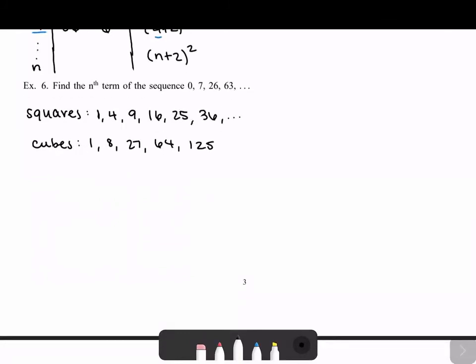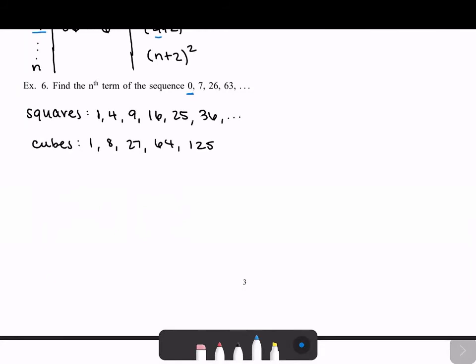So we can see if it at least looks similar to any of the numbers. So when we look at this 0 in the first term, we know that the squares and cubes both start with 1. So we can see that if we take the first term and subtract 1, we get 0.